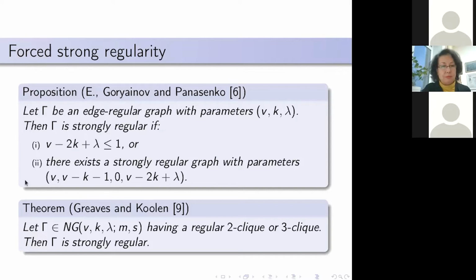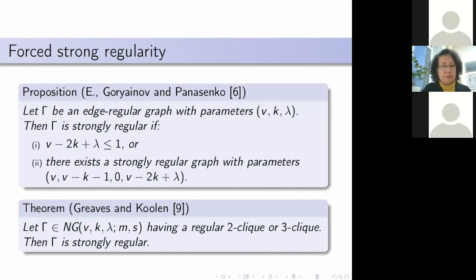I don't think this condition 2 appears in Martin's talk. And Greaves and Koolen proved that if given a Neumaier graph that contains a regular 2 or 3 clique, then the graph must be strongly regular.